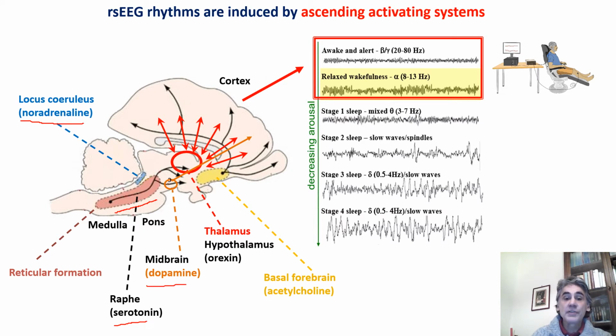And you can see also that hypothalamic orexin projections modulate the activity in the cerebral cortex, and the same is true for cholinergic basal forebrain projections. An important role in the modulation of cortical activity generating EEG rhythms is related to thalamocortical interaction, that you can see in the brain picture.